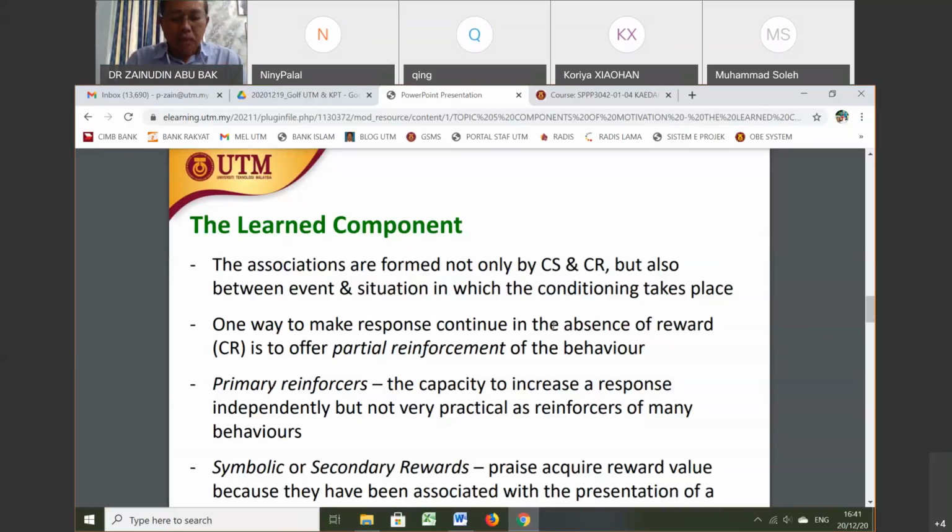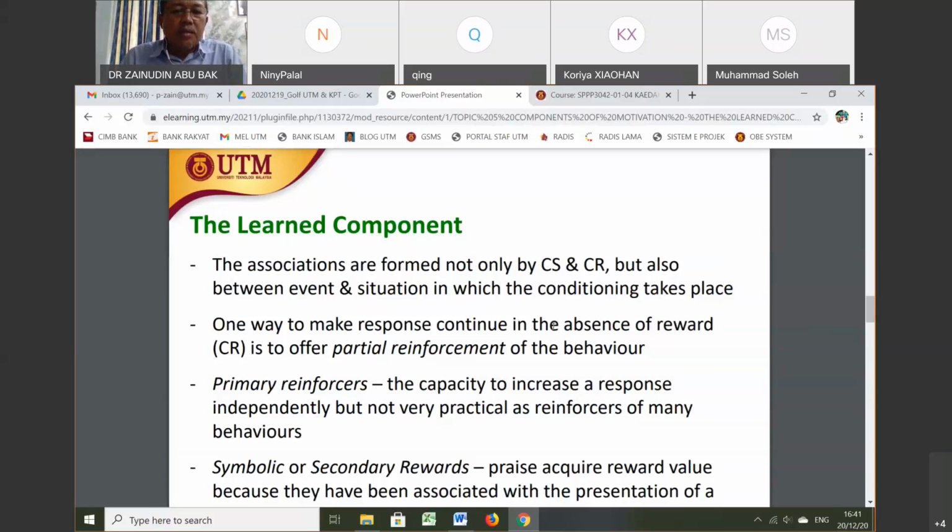So how we put some sort of reinforcement, positive reinforcement, negative reinforcement, punishment, why we should use punishment at this moment, and what types of punishment, what types of reinforcement we will use.